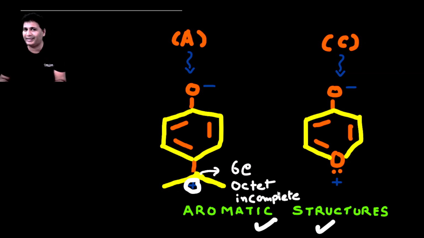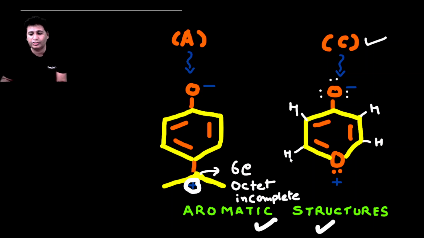That is your demerit. And if you talk about the structure C, you should understand that, apart from having aromatic character, all the atoms have got their octet completed. If you talk about this oxygen, this is having 3 lone pairs. So if you count 2 to 4 to 6 to 8, all the carbons, because you should not forget each carbon like this, since it's a bond line diagram, has 1 hydrogen as well.